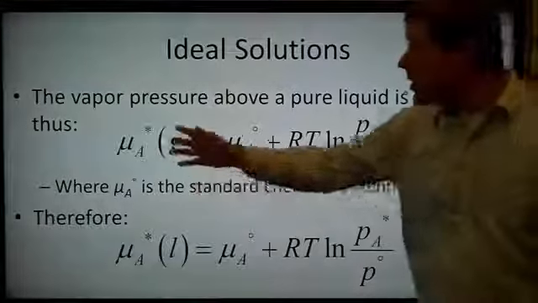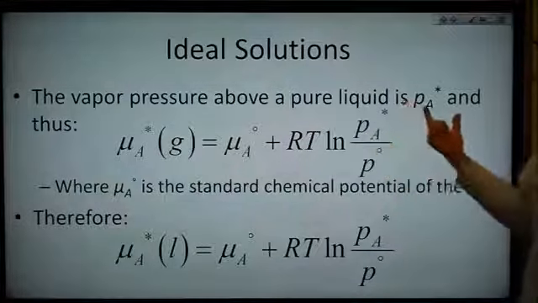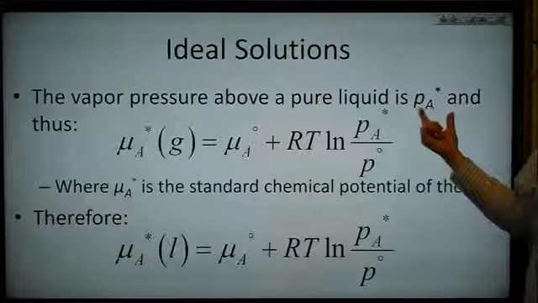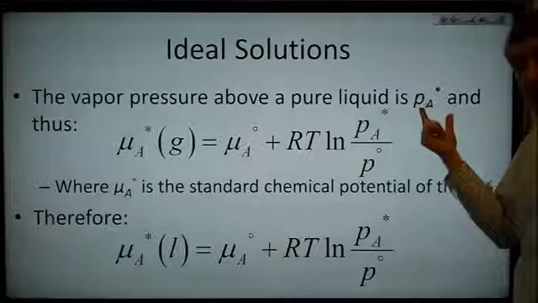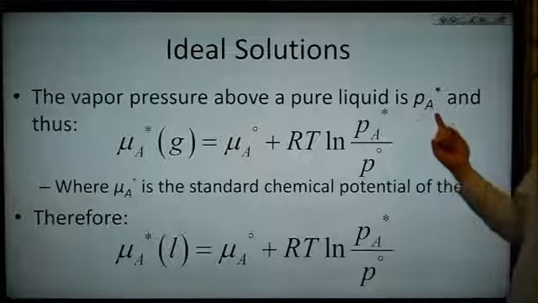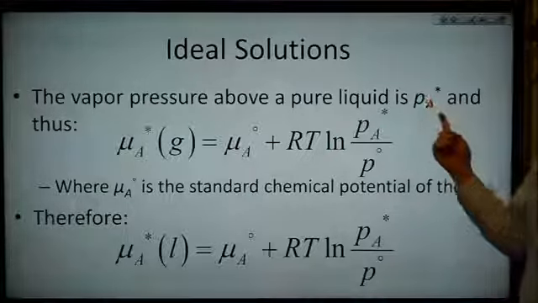All right, so the vapor pressure above a pure liquid is PA star. So this is the vapor pressure of pure A, or the vapor pressure of A while it's pure.